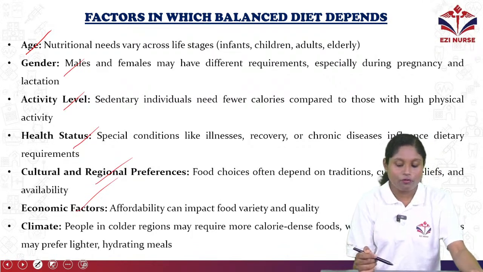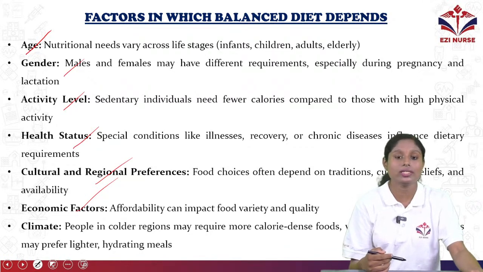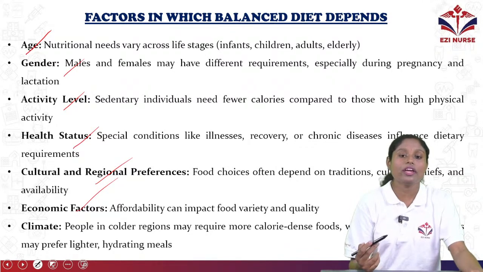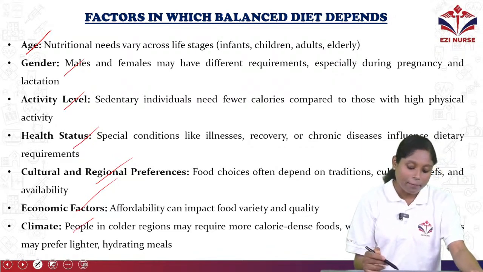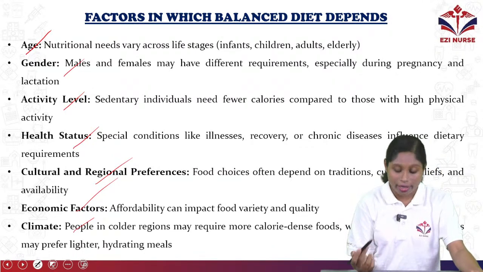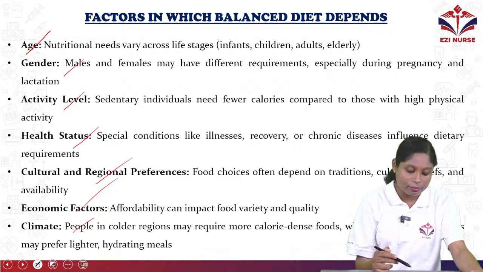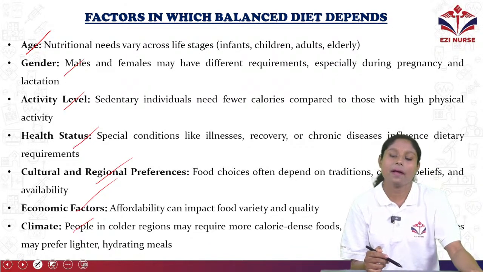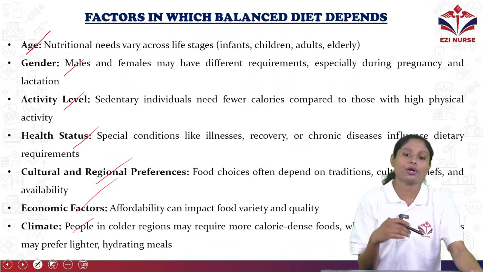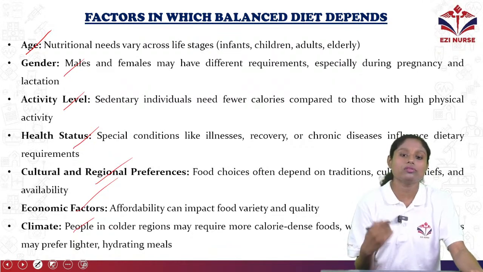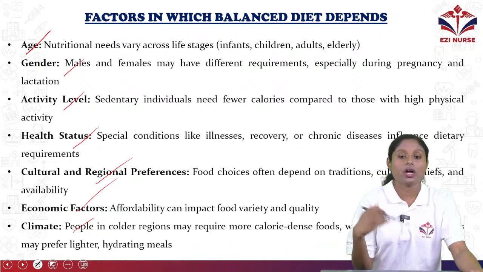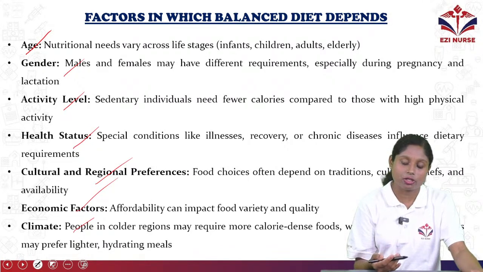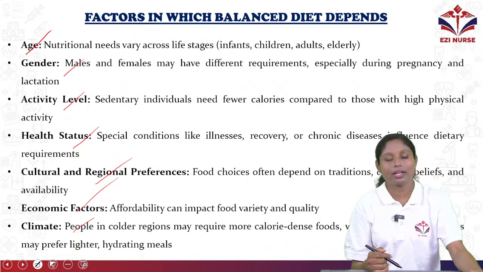Affordability can impact food variety and quality. So the affordability of a particular food in a particular season also influences the balanced diet. Along with that, climate: people in colder regions may require more calorie-rich food, while those in hot climates may prefer light, hydrating meals. So climate is also one of the factors. People in the cold region need to eat more food. In the hot region, they take more hydration. So these are the factors on which a balanced diet depends.